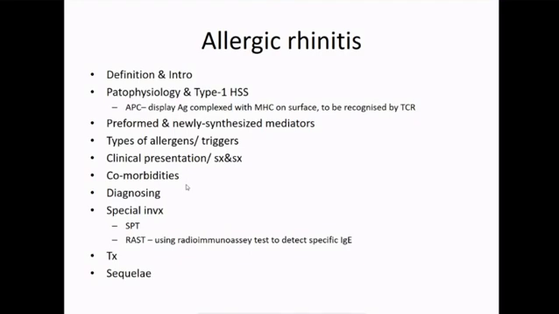Okay. And then when you examine the nose, in ENT, we do a specific examination for the nose. For this condition, we do anterior rhinoscopy with a good headlight and a nasal speculum.